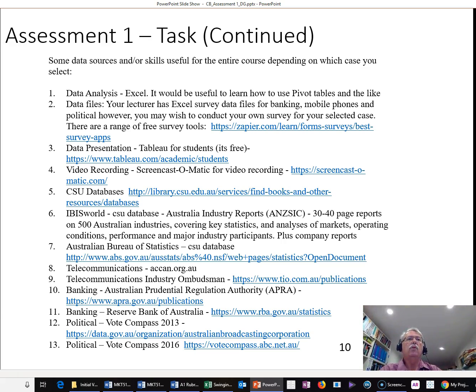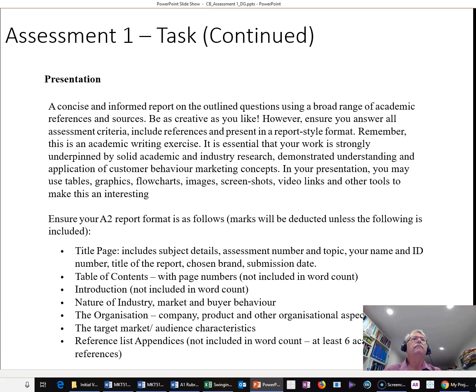You could use IBIS World or the Australian Bureau of Statistics, or ACMA, which is the Telecommunications Organisation, or the Australian Prudential Regulation Authority, or the Reserve Bank of Australia. Or you could also, if you choose the political survey, use Vote Compass 2013 and also Vote Compass in 2016. So there's quite a wide variety of data which is available to help you along this area, in addition to the Excel spreadsheets which I will provide.